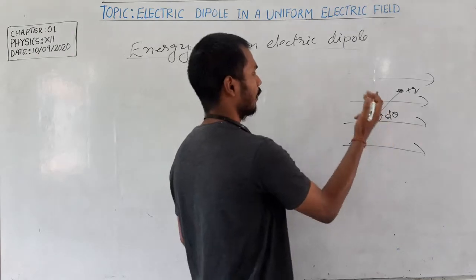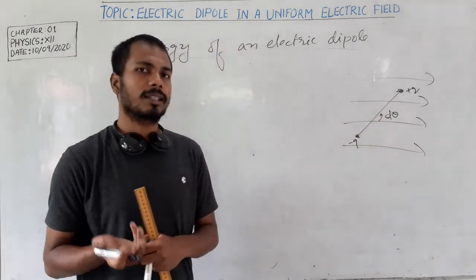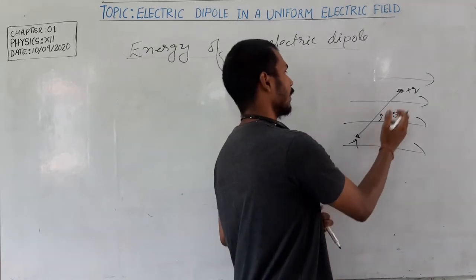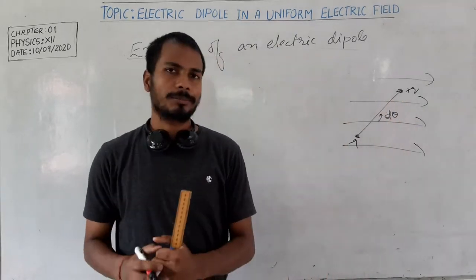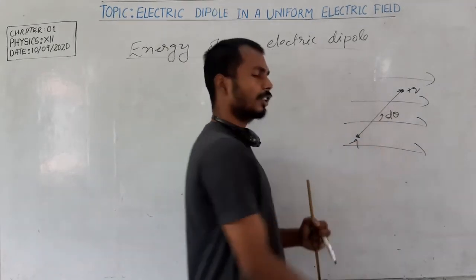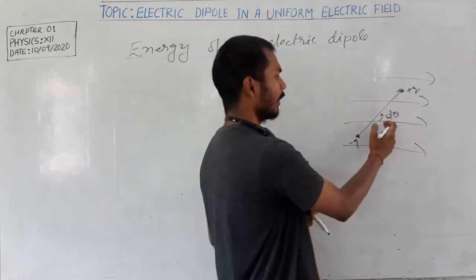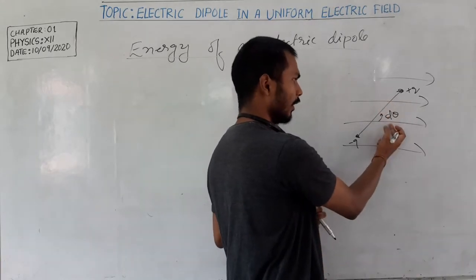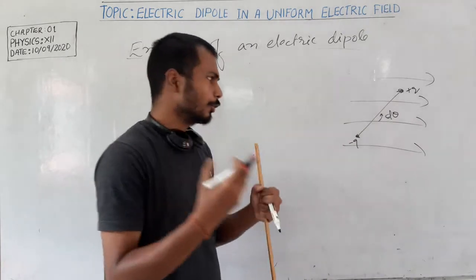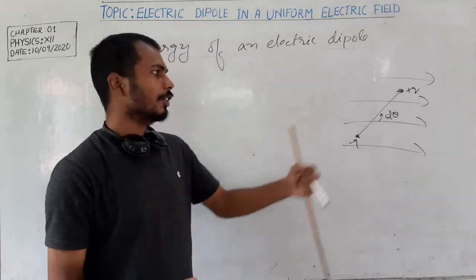So we know that when a dipole is placed, a torque comes into play, and that torque rotates the dipole. Due to that torque only, the dipole is changing its orientation. So the dipole is displaced by angle theta due to torque. So we can use torque as a force and d theta as displacement.